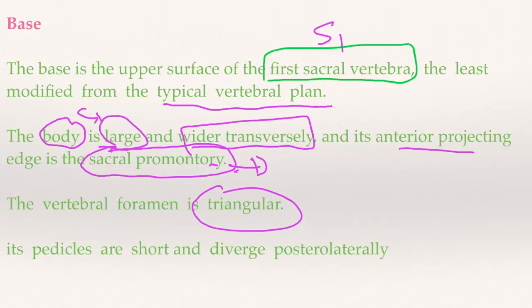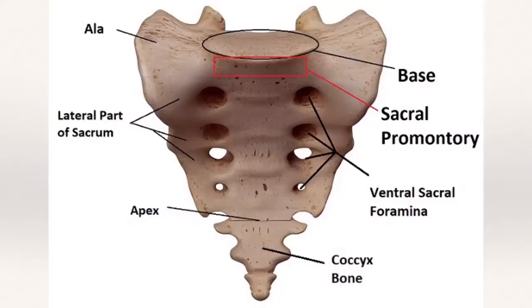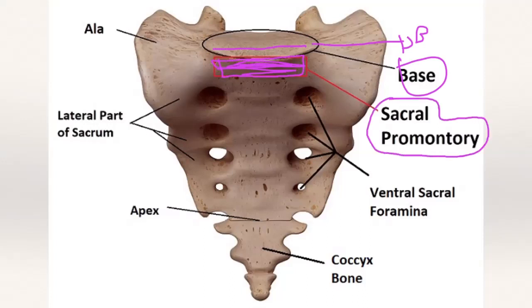The pedicles are short and diverge posterolaterally. Okay, you see, this is the body. This is the base, and the anterior edge, which is the sacral promontory, right? So this is the base. This is the sacral promontory.